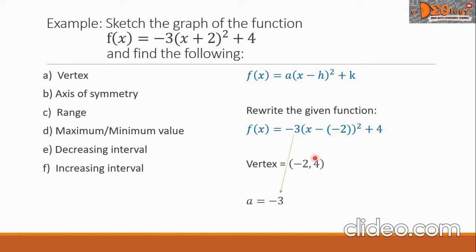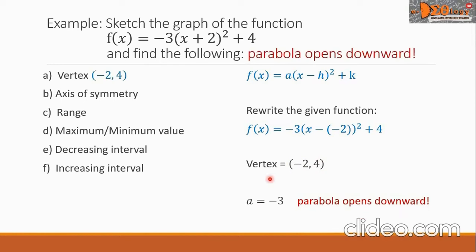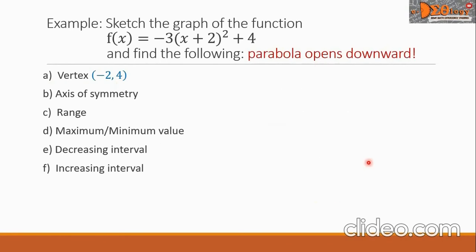And then this -3 is the a. And since our a here is negative, it means the parabola opens downward. So let us copy the vertex opposite this letter a, and we will take note that the parabola opens downward here. Then let us clear the right side of the screen.